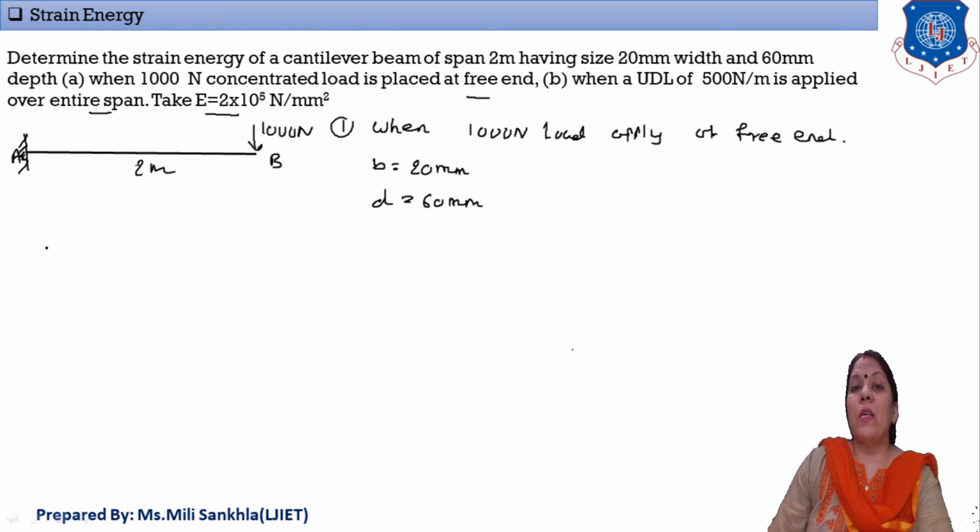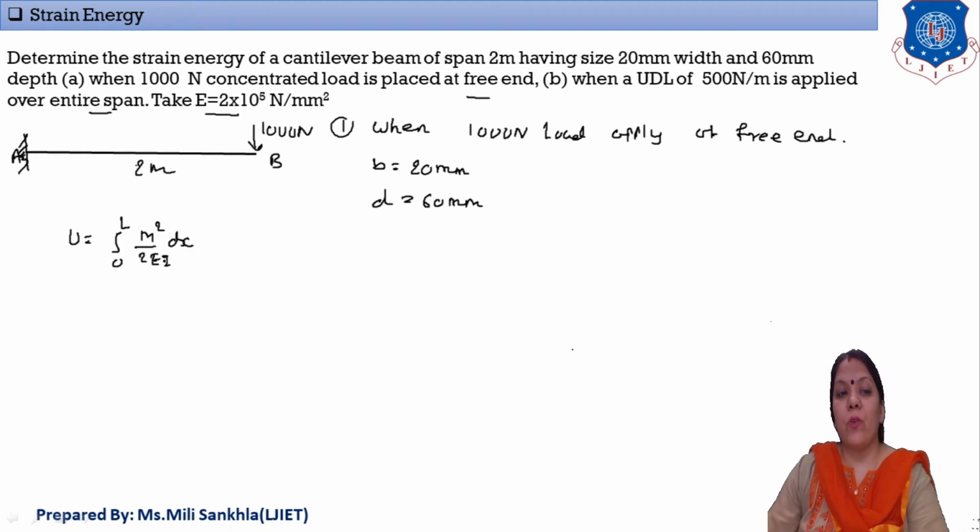Now what is the equation of strain energy? U is equal to the limit of 0 to L, M squared by 2EI into dx. One by one we find out the inertia and the moment equation. Now from these two we find out inertia. I is equal to BD cubed by 12.